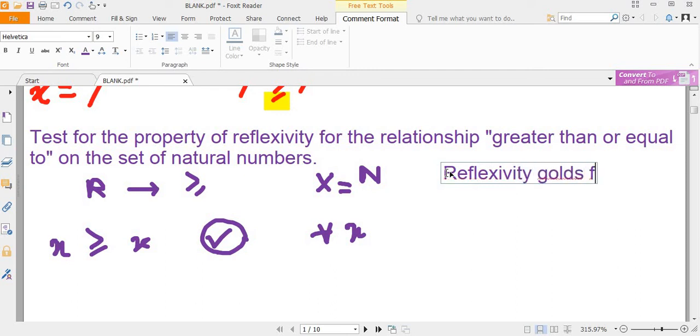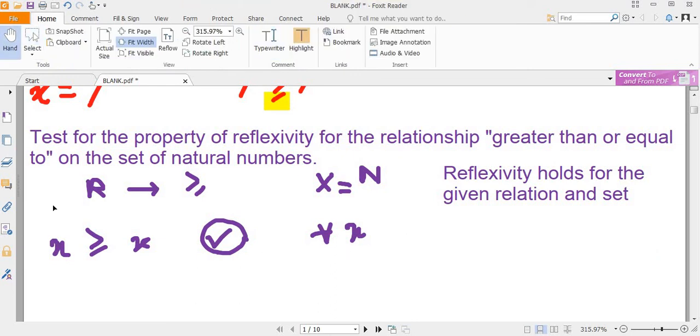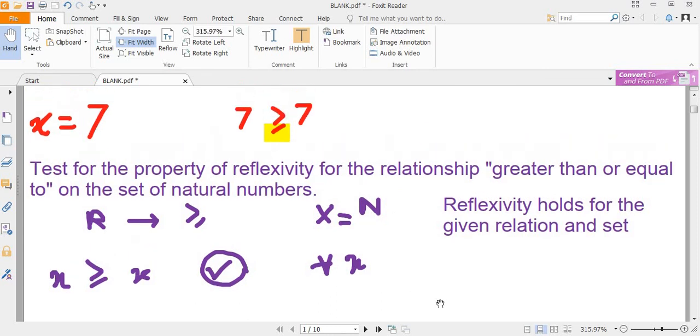So reflexivity holds for the given relation and set. For the given relationship, that is greater than or equal to, and for the given set, that is the set of natural numbers, reflexivity holds.